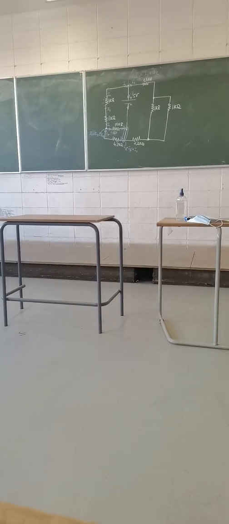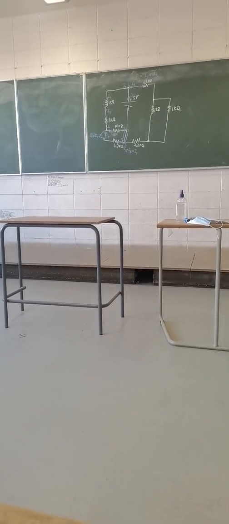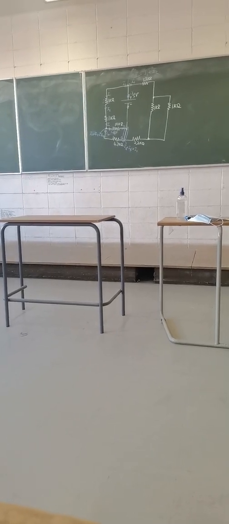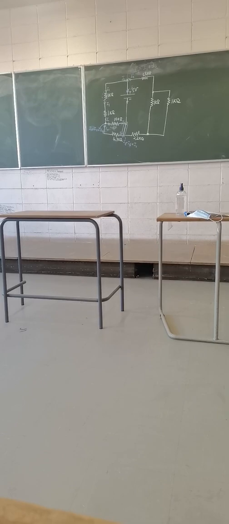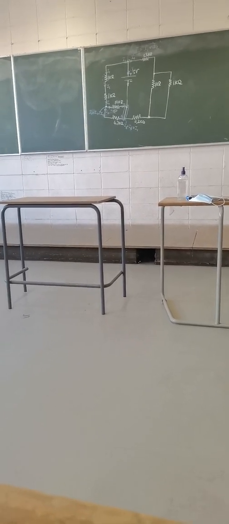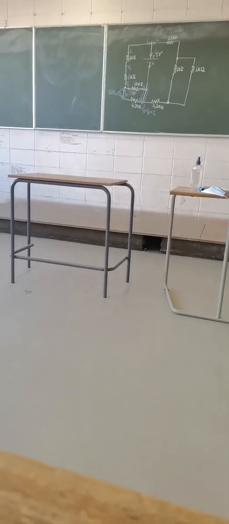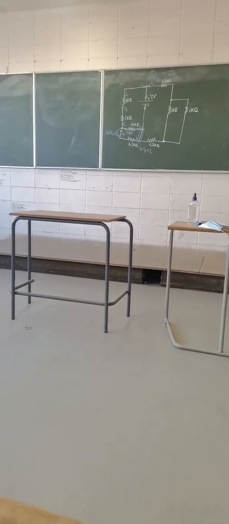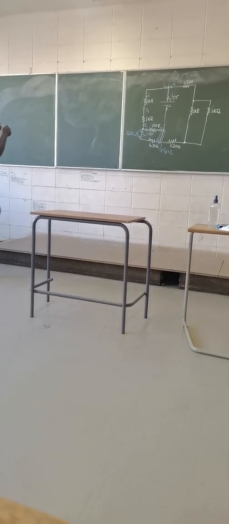We are looking at the current flow. Are we done with I total? Remember, your current must be I total. You understand each other? Here we're talking about I1. Let me put it this way.